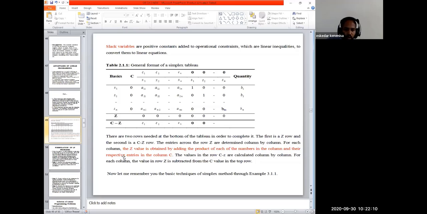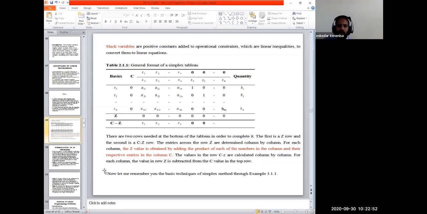For each column, the z value is obtained by adding the products of each number in the column and their respective entries in column C. For each column, the value in the z row is subtracted from the value in the top C row.